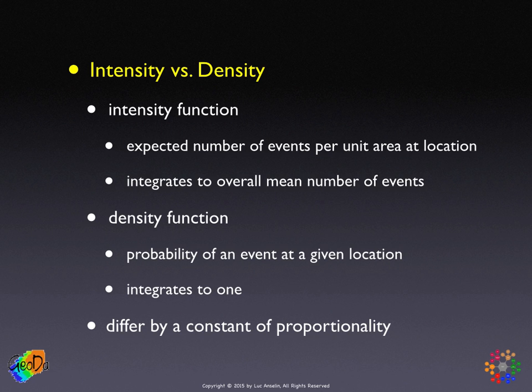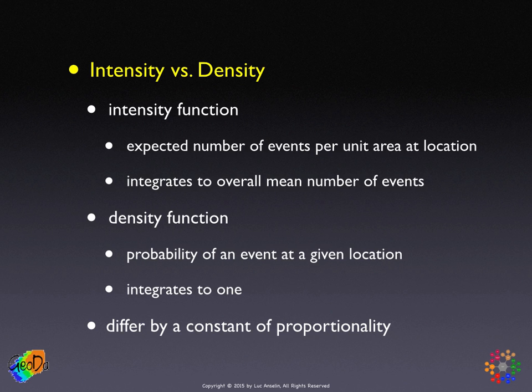And the difference is that an intensity function follows the definition of intensity that we've already covered. So it gives the expected number of events per unit area at any given location. So if you integrate this function, it is like a density function, but unlike a density function, the integral has to do with the overall number of events, is not 1.